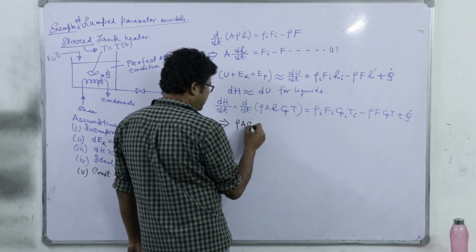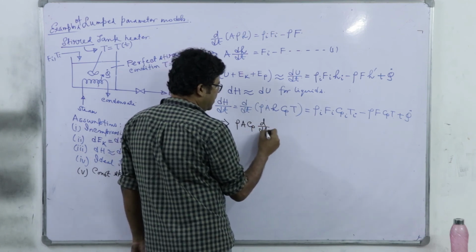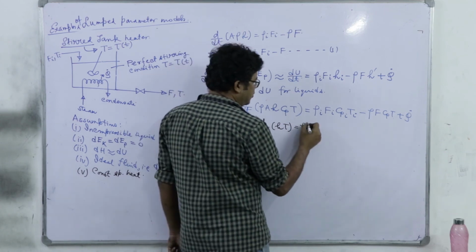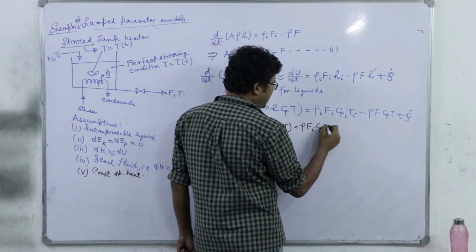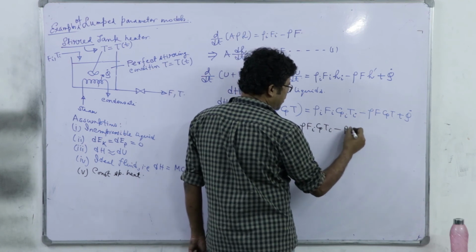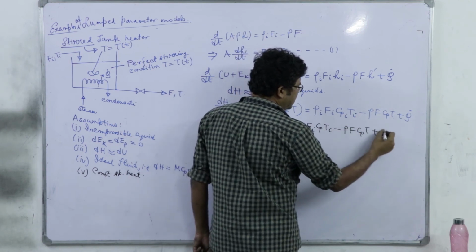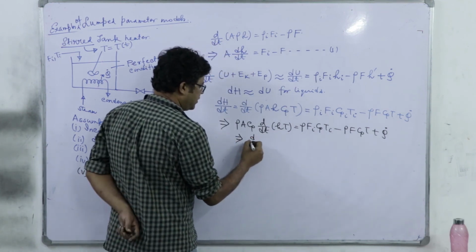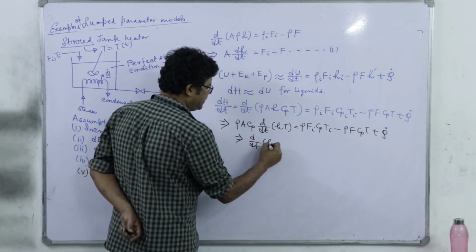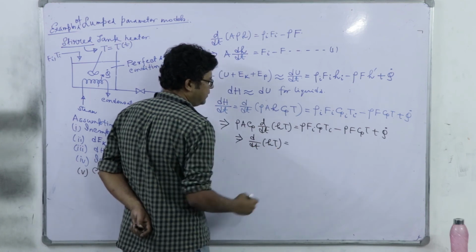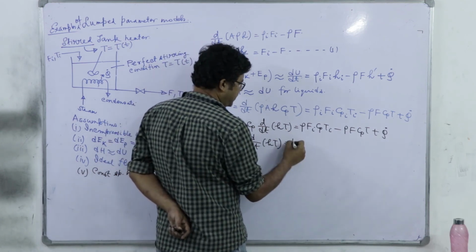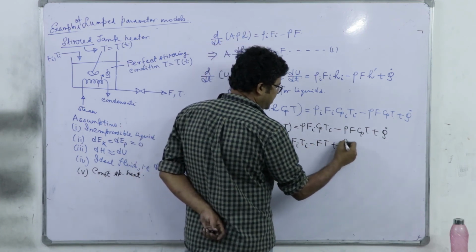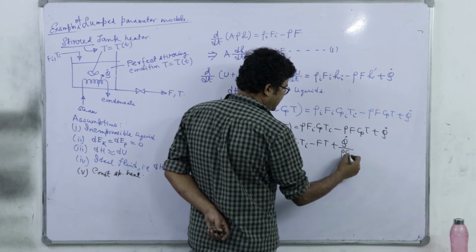So rho A Cp d/dt of h into T is equal to rho Fi Cp Ti minus rho F Cp T plus q dot. So essentially it will be A d/dt of h into T is equal to Fi into Ti minus F into T plus q dot divided by rho Cp.